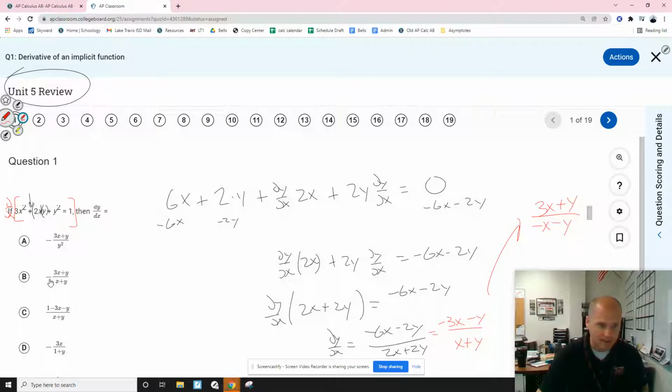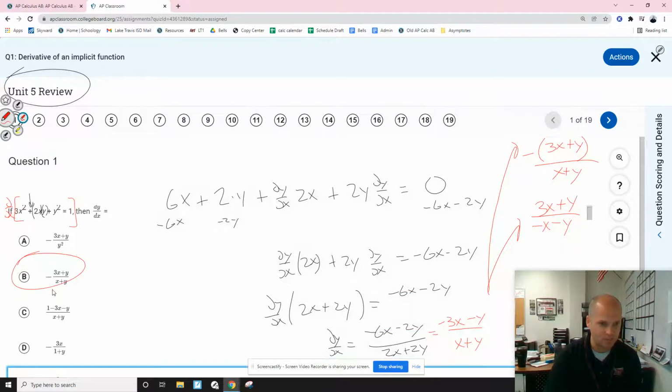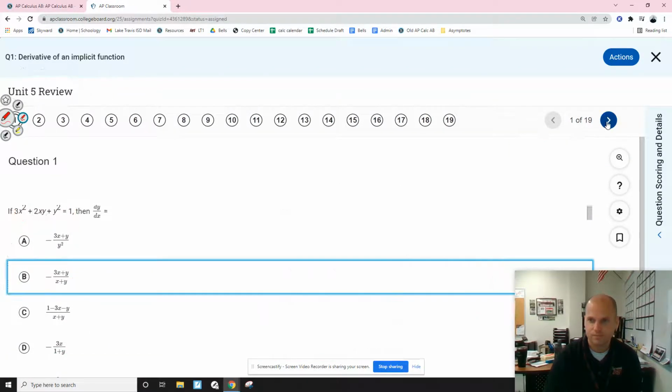See, look, they have negative 3x plus y. Well, they're making the entire fraction negative, so they're putting the negative out in front. And that's tricky. So they factor out a negative, and that's how B is the correct answer. You can probably double check to make sure it's not anything else, but yeah, B is the correct answer.